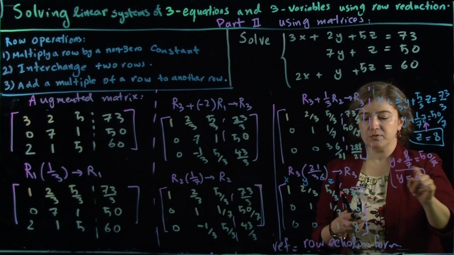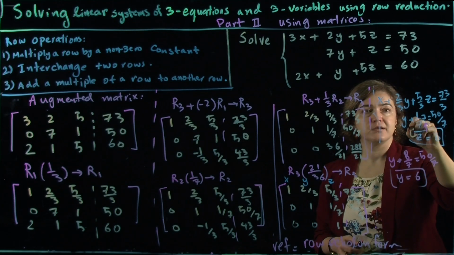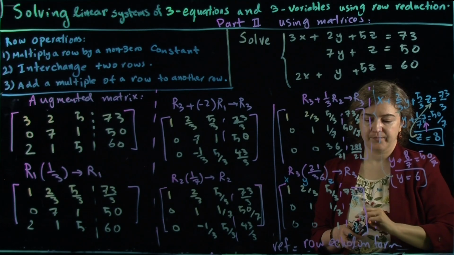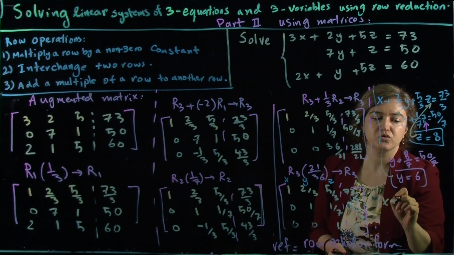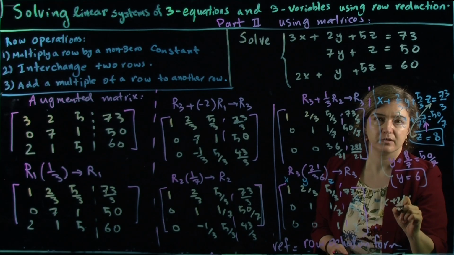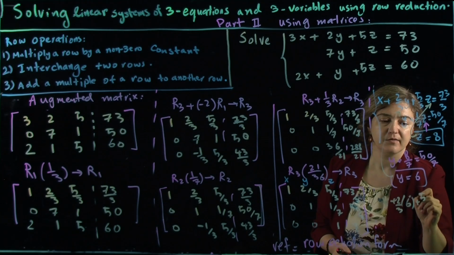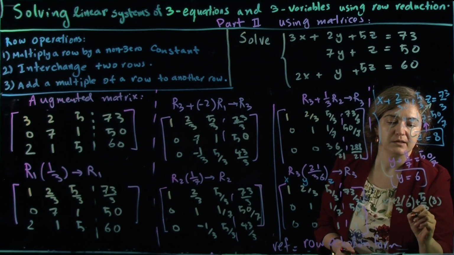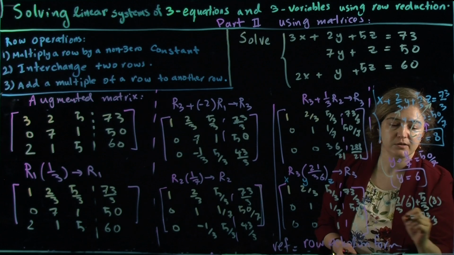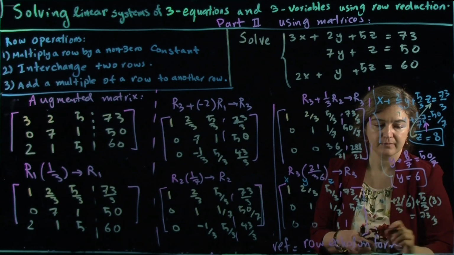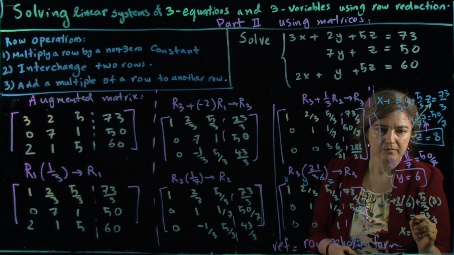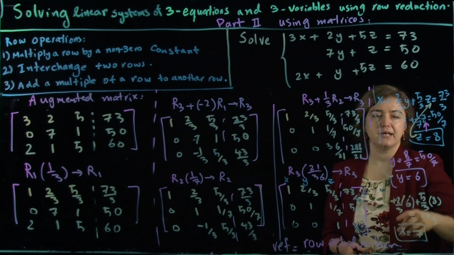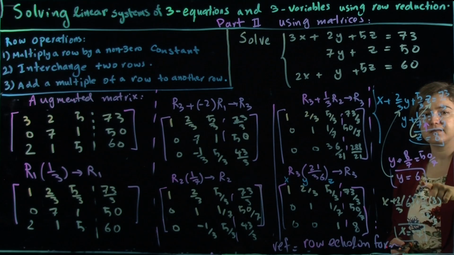Then you use these two, back substitute in here, and then you get X plus 2/3 of 6 plus 5/3 of 8 equal to 73/3, and X solves to be 7. And then the answer is 7, 6, 8.